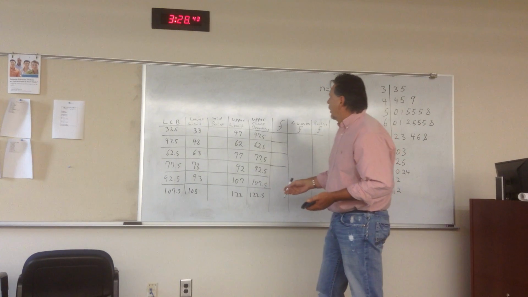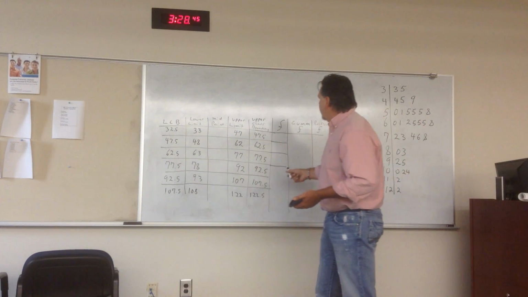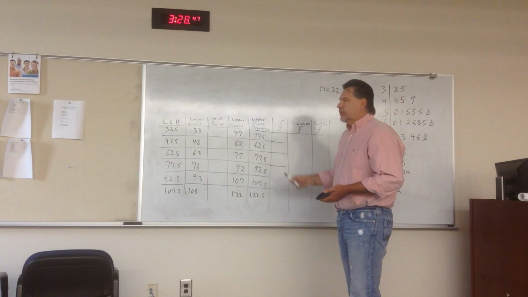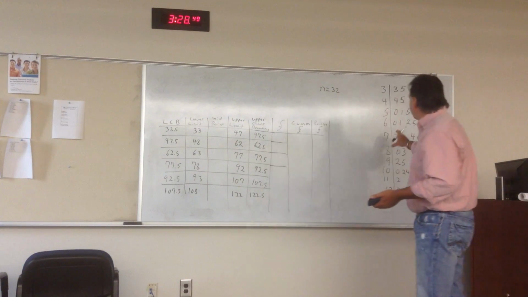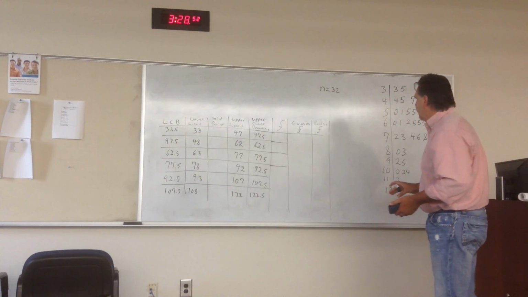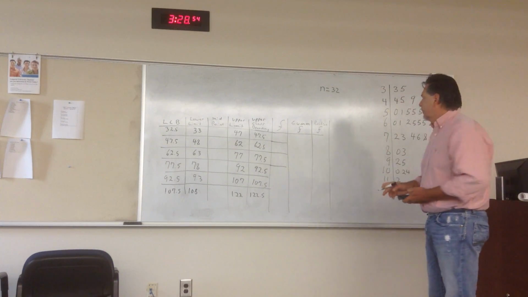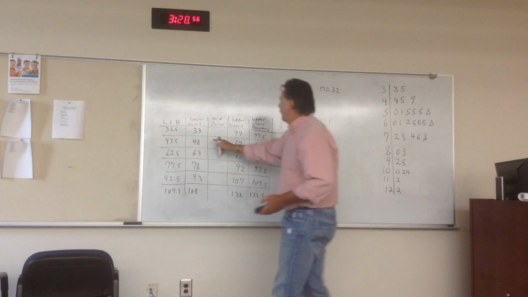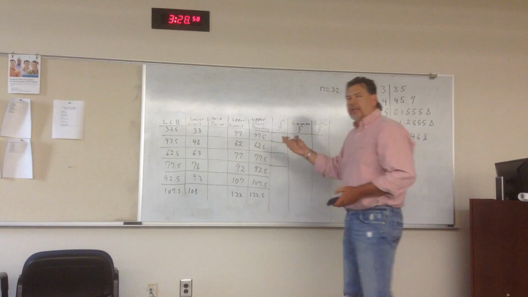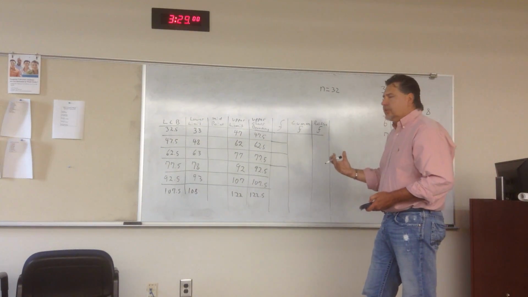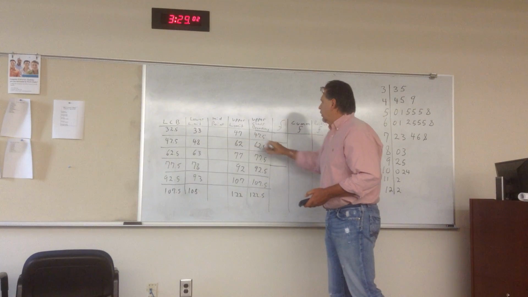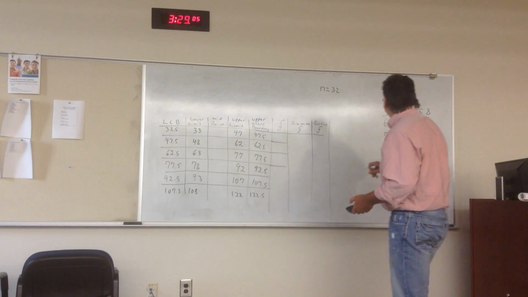So now we've constructed this, and we want to find out what our frequencies are. Well, we're going to go ahead and come back to our stem and leaf diagram to aid us with that. For the first class here, from 33 to 47, I'm going to find out how many times those numbers occurred, and that's going to be my frequency.